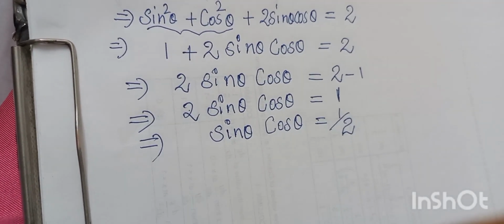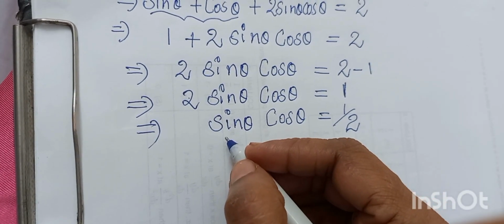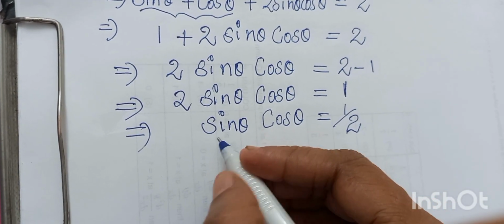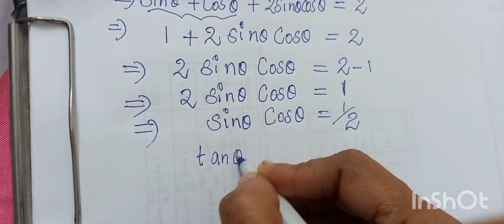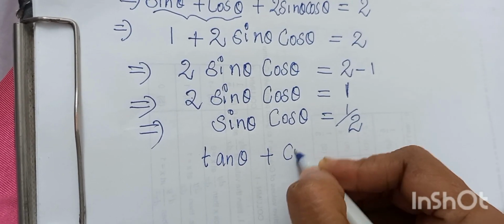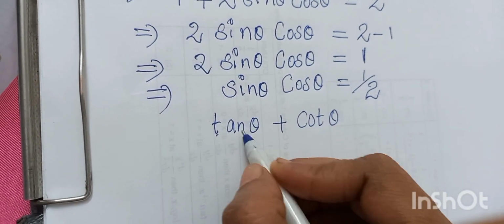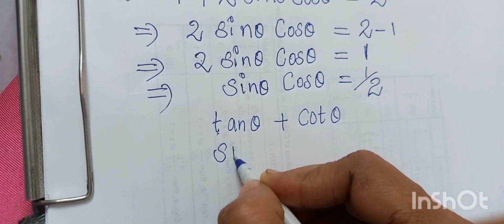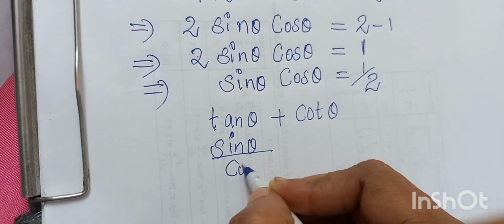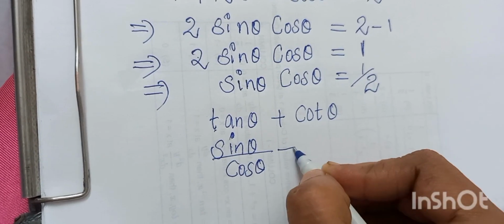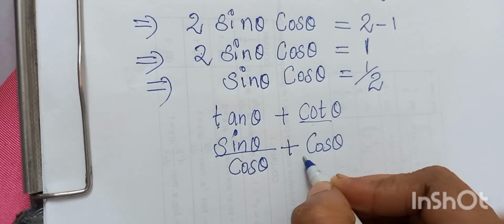Sin theta cos theta is equal to 1 by 2. Then tan theta plus cot theta is equal to what? Tan theta plus cot theta. We can write tan theta as sin theta by cos theta, plus cot theta, we can write cos theta by sin theta.